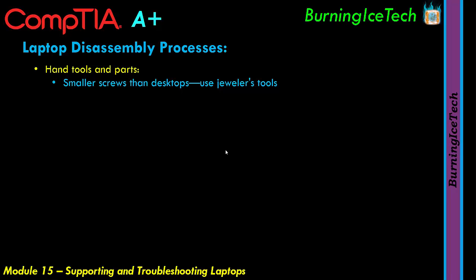So what most technicians will encourage you to do, and this is not actually part of the course, is you get a piece of paper and you make little circles on that paper, maybe the size of 3, 4, 5 centimeters, maybe 1 or 2 inches, and in that circle you put certain screws. So when you remove the back panel of your laptop, those screws you put in the first circle and you label that circle.